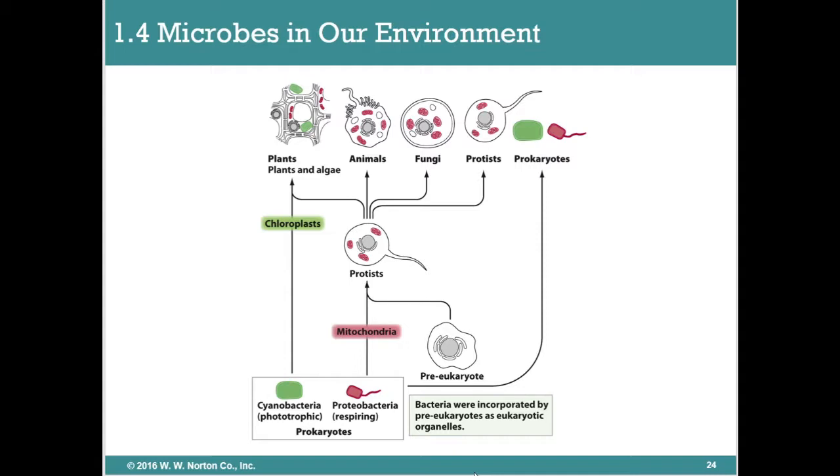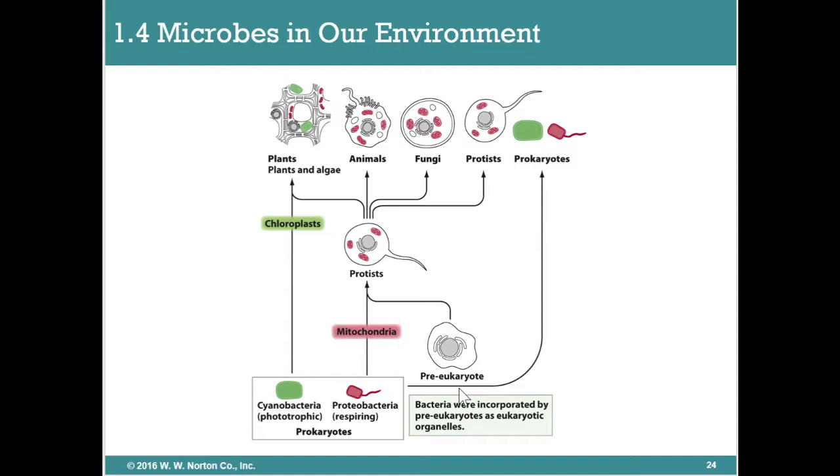So we have this pre-eukaryotic cell, and then we have a bacteria cell. What happened is that a bacteria cell that had mitochondria or had chloroplasts in it got taken up by this pre-eukaryotic cell.